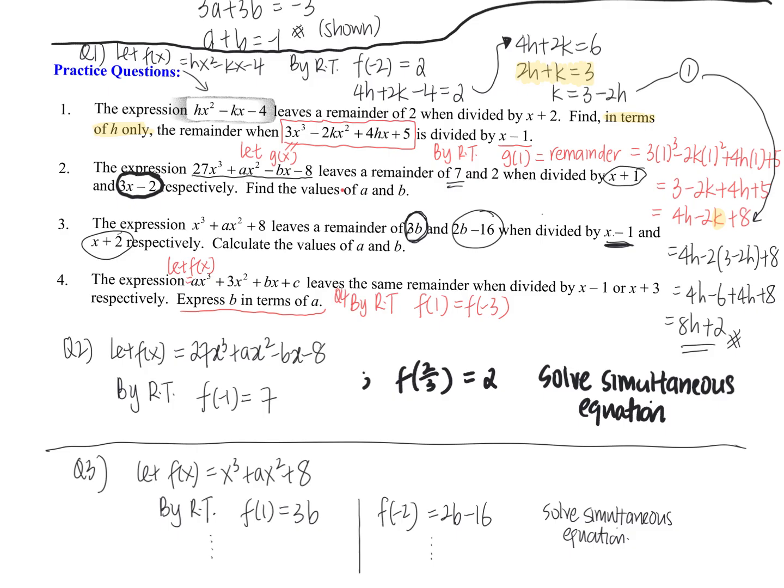It divides the number perfectly, exactly. No remainder. So factor theorem is like remainder theorem. You will put in the values of x from the divisor, but it will give you a remainder of 0.